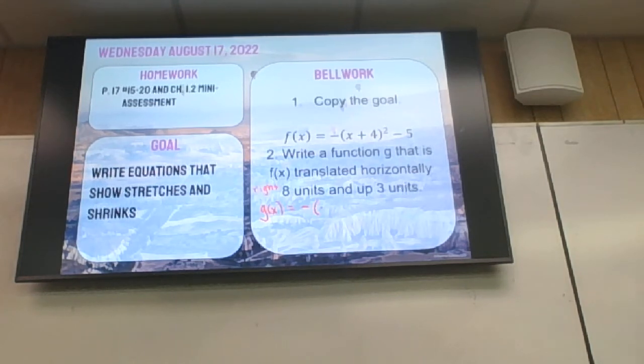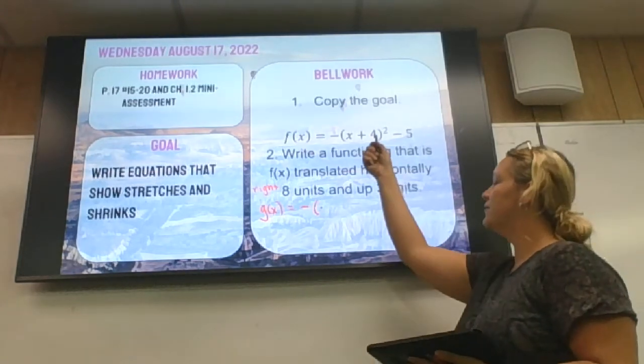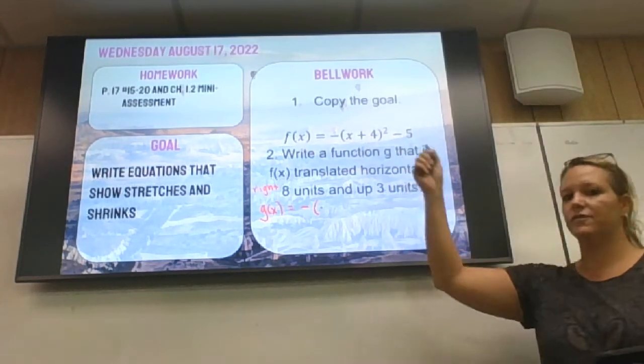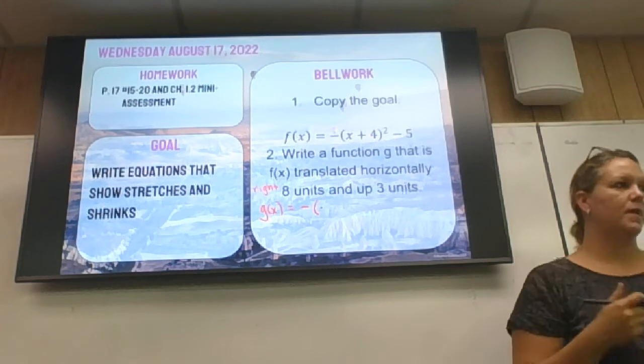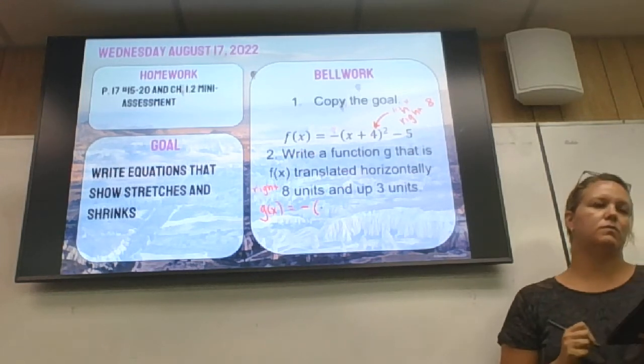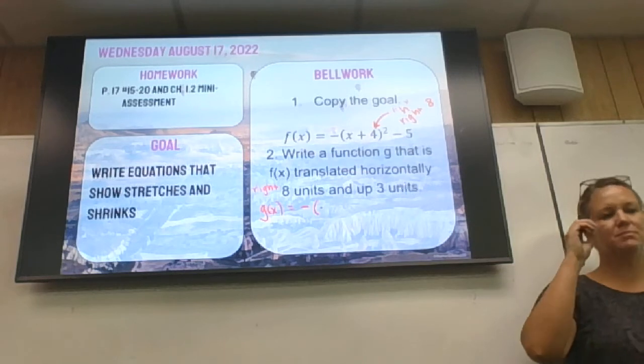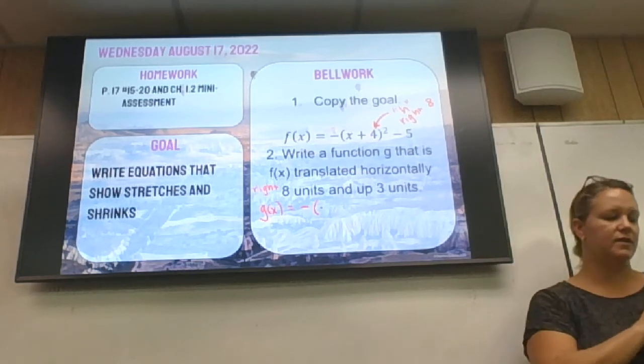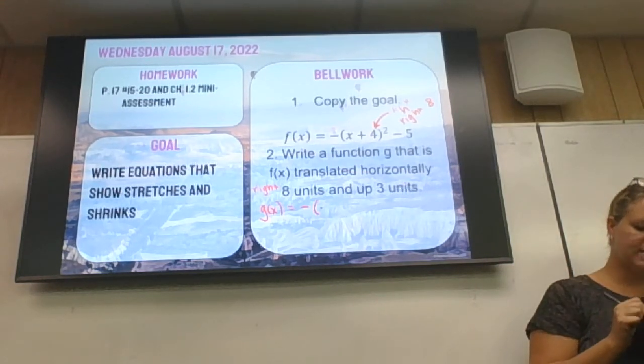To move right 8 units, should I be changing the 4 in the H spot or the 5 in the K spot? The 4 in the H spot. So I'm going to go right from there. Now to actually move this function to the right, I'm going to subtract 8.